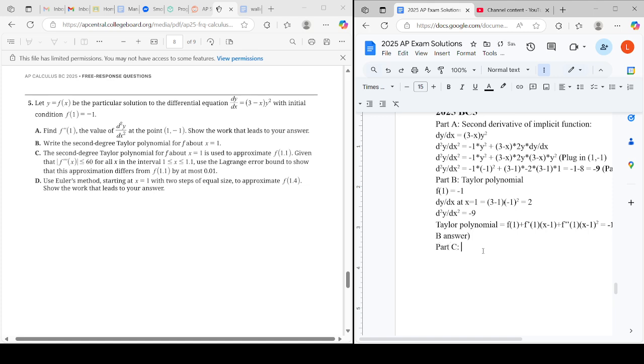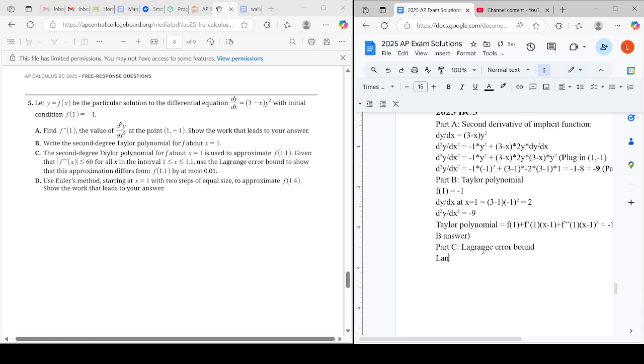In part C, we're being asked to use the Lagrange error bound on this Taylor polynomial to show that the approximation is within 0.01 of the actual value of f of 1.1.